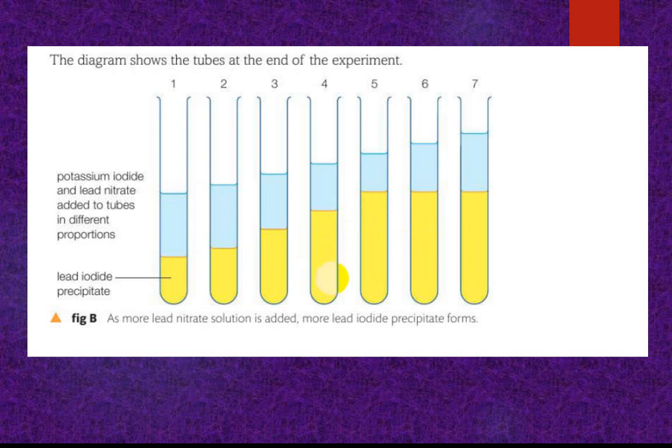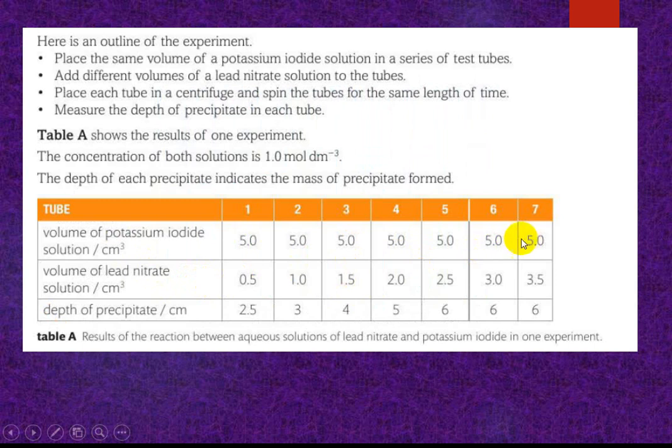All 5 cubic centimeters were consumed, all finished reacting. The extra will not react. So here we see the reaction completes with 5 cubic centimeters. Which one is needed in double amount?